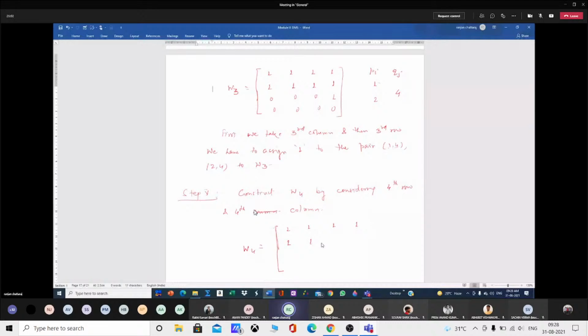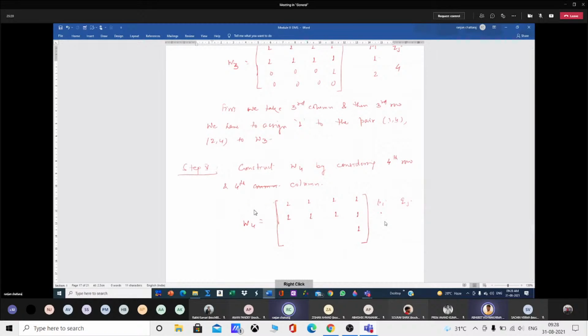And this is 1, the rest 0. Now here we start the Pi and Qj. What is the positional entry of the fourth column? So 1, 2, 3. And for Qj, that means this row, it is 3. Nothing. No. 5. Okay.